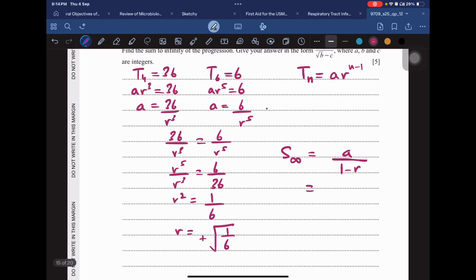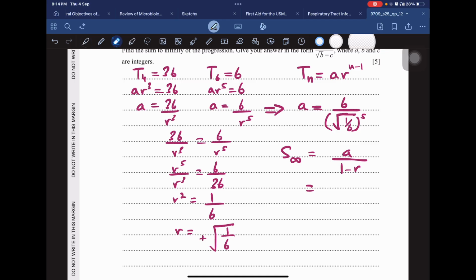To find the first term, we can use this. So a is the first term. I know a is 6 upon the square root of 1 over 6, power 5. Putting this into the calculator, we'll have to simplify this.